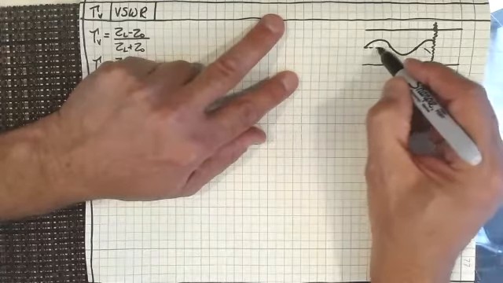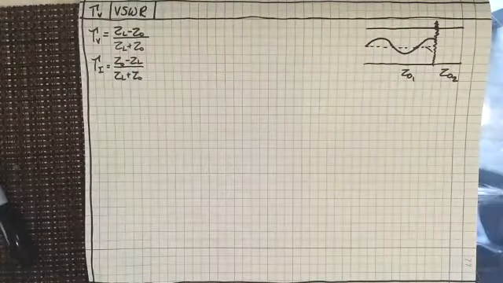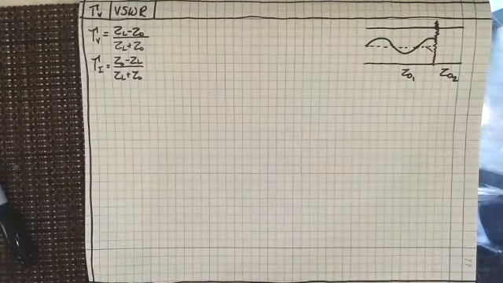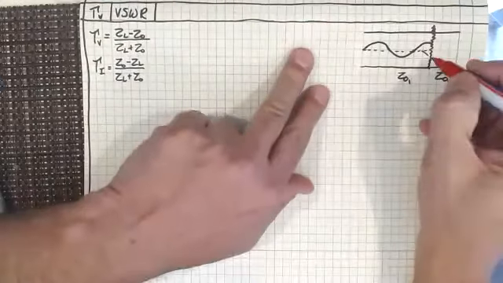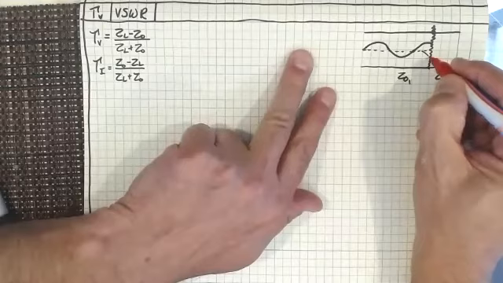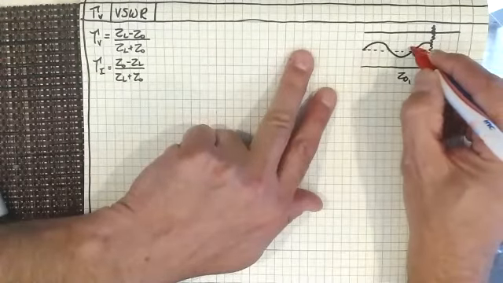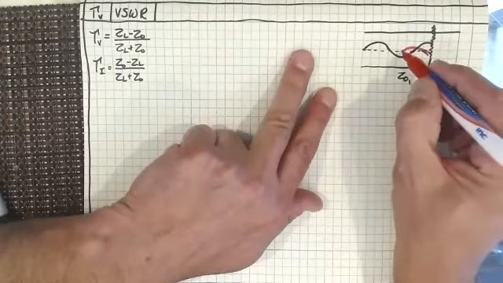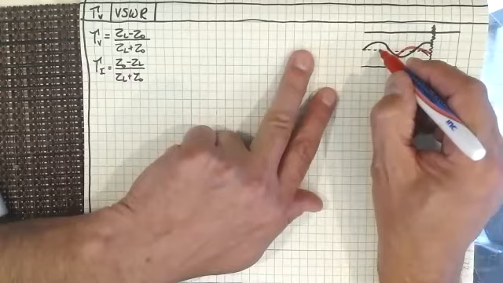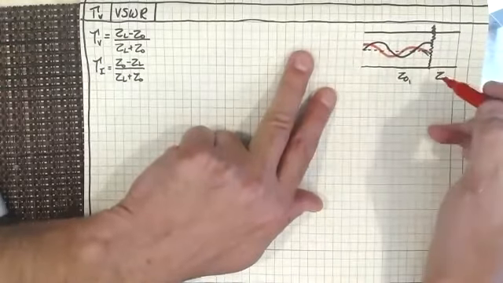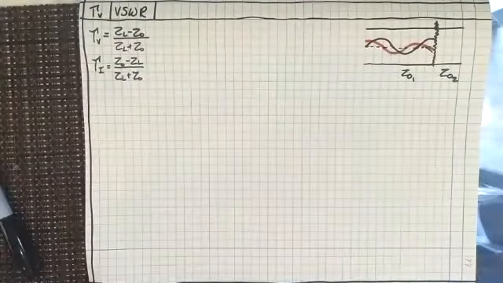So let's say that this is my incident wave, the black one that's come in, and then I have a reflected wave that's at a smaller magnitude than that, and perhaps in phase, perhaps out of phase, and it's going to be reflected back at the same frequency along this waveguide. So what's that going to do to the total wave that we have there?